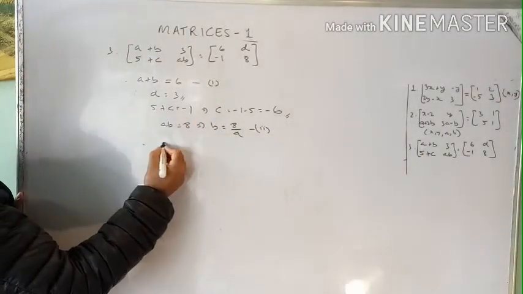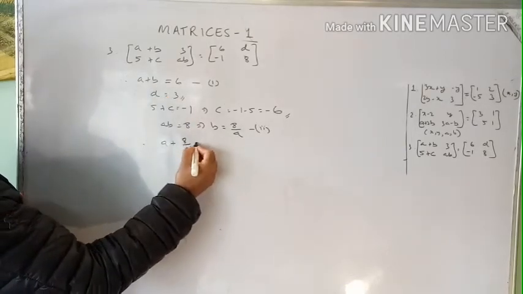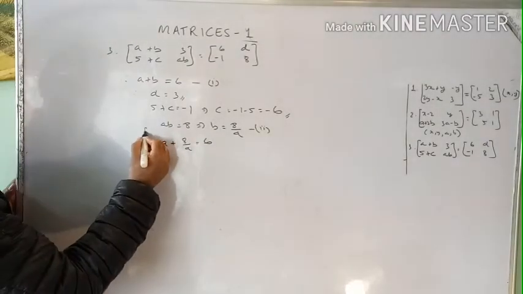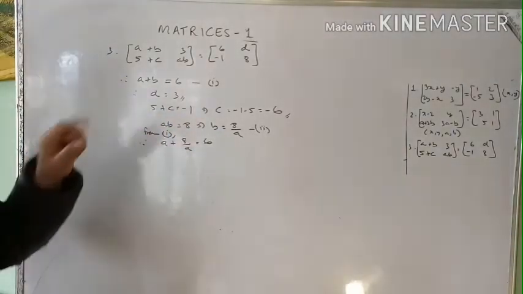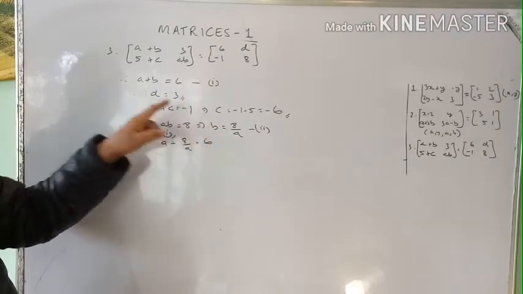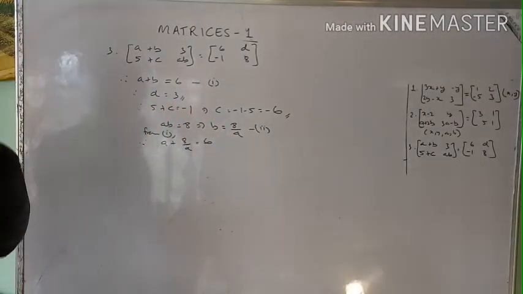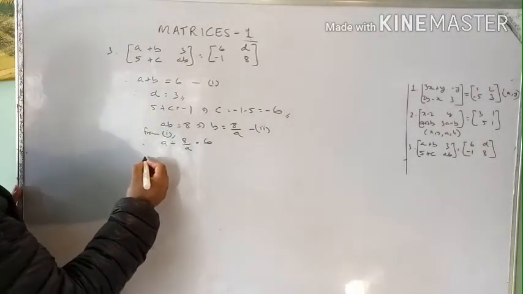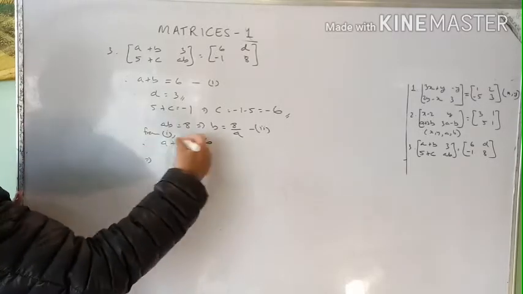So a plus b becomes a plus 8 by a equal to 6. Now we find the value of a first. Since a is in the denominator, multiply throughout by a.